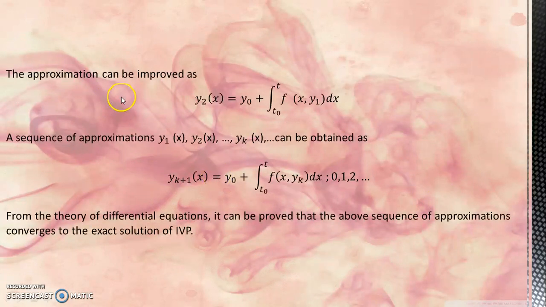The approximation can be improved as in this equation and a sequence of approximations y1(x), y2(x) till yk(x) can be obtained as in this equation. From the theory of differential equations, it can be proved that the above sequence of approximations converges to the exact solution of the initial value problem.